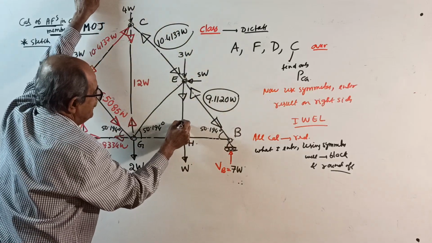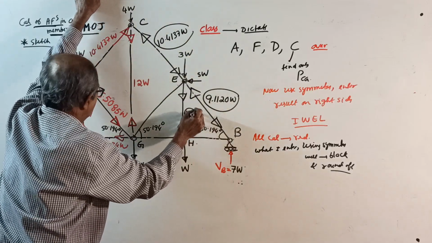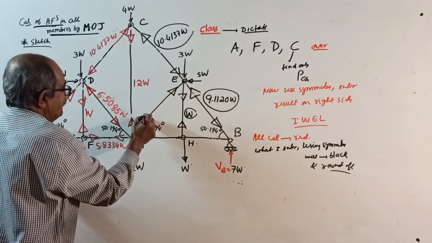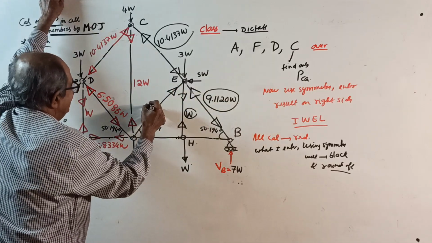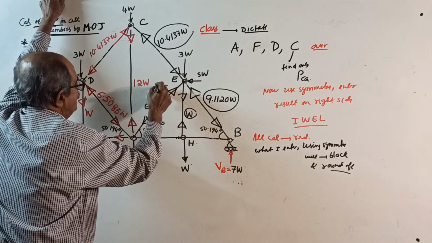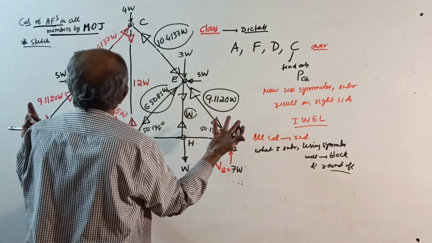You should tell compression, tension, compression. Okay, no problem. This is the best way of doing. 6.5085W. All over. Nothing is there.